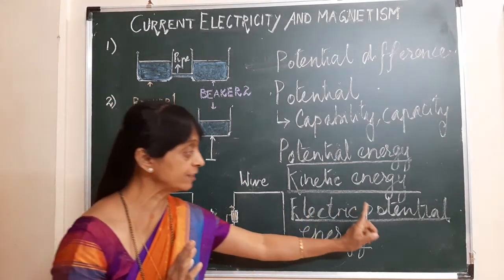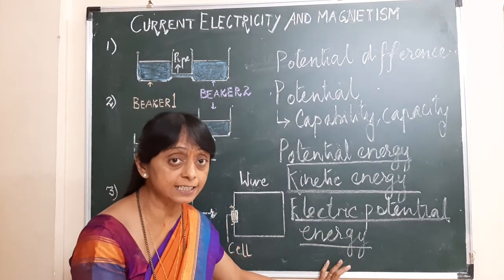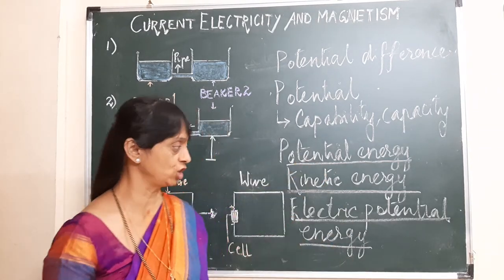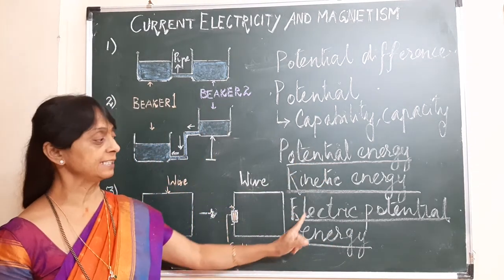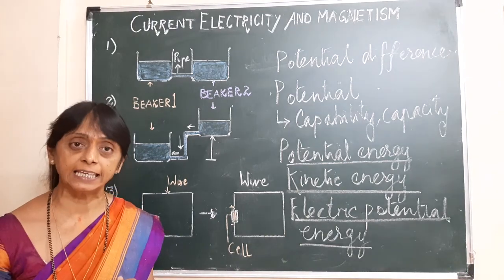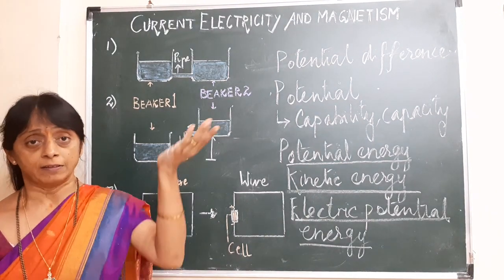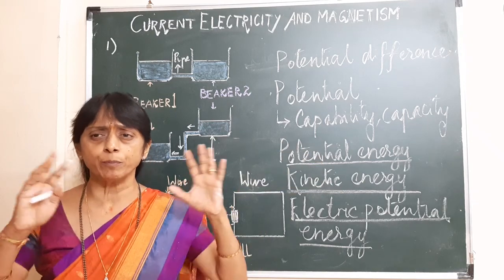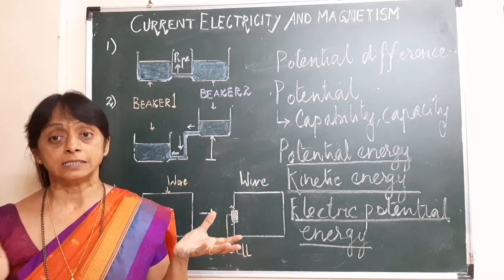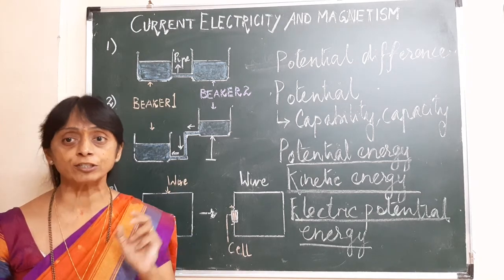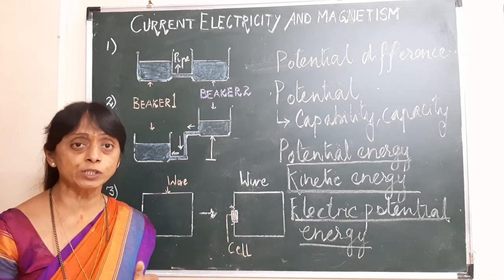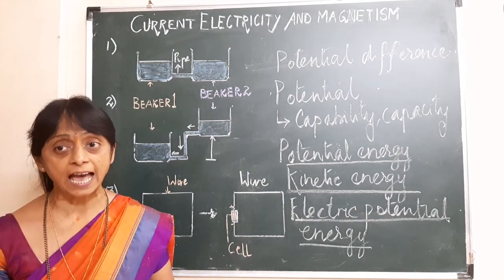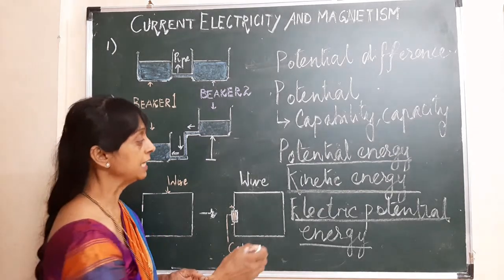It is the energy that is stored in that charge. Now, when we had a ball in the hand, the ball had high potential energy. Similarly, children, when electrons are close to each other, they have high potential energy.